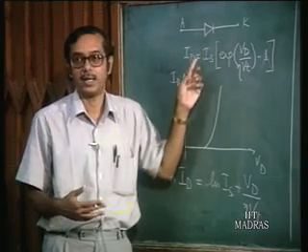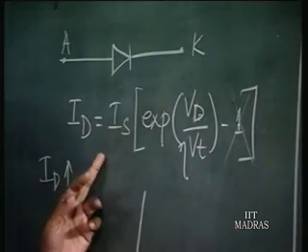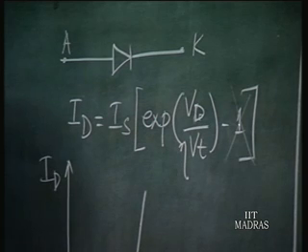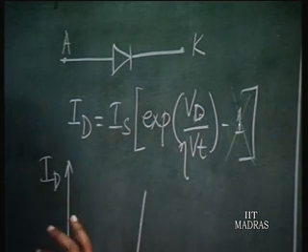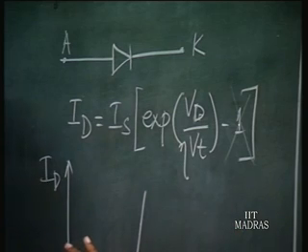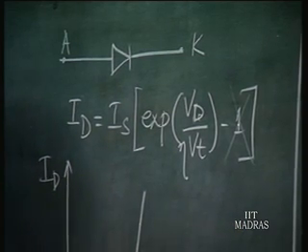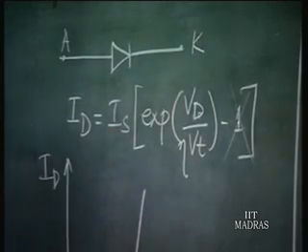So, in order to get the exact values, one must actually do this experiment, find out Is and use that value in the circuit simulation. This is called extraction of parameters. If you have a model, there must be a mechanism to extract these parameters, so that you can use them in the circuit simulation.